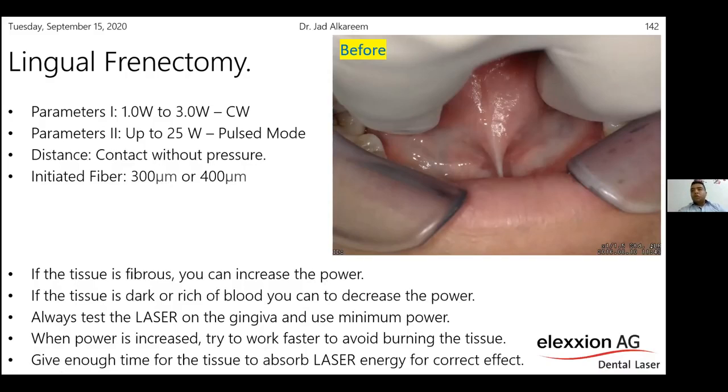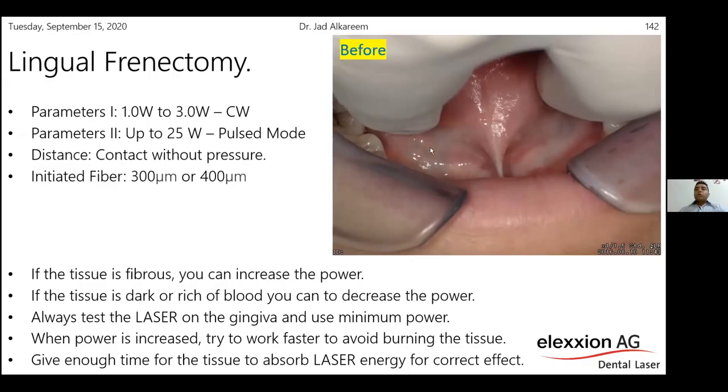So if you use the normal anesthesia, which has a vasoconstrictor inside it, you will have loss of the hemoglobin, and that will result in less absorption by your diode laser. So the best type of anesthetic gel or injecting anesthesia should be the plain anesthesia without adrenaline, without vasoconstrictor, or without epinephrine.